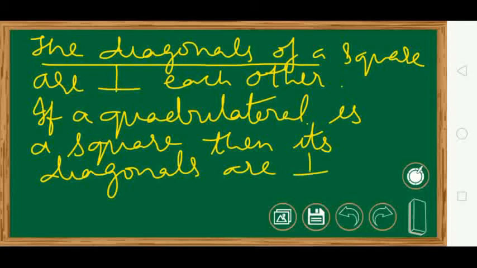Okay? So whatever is coming in the first part, you have to take it with the if, and whatever is coming in the last part will go with the then. Okay? Clear?